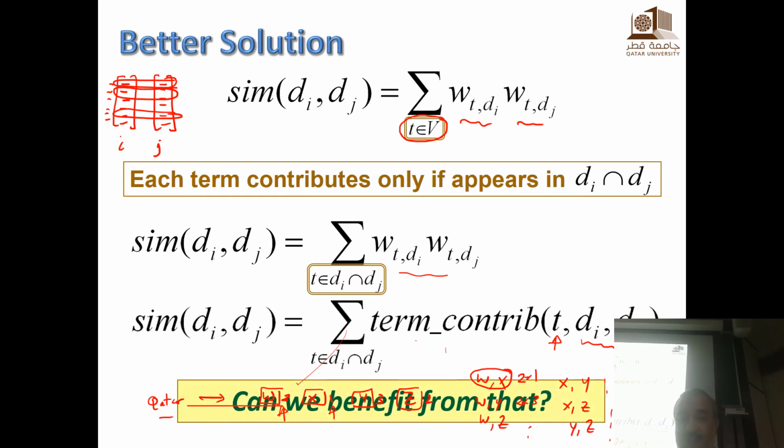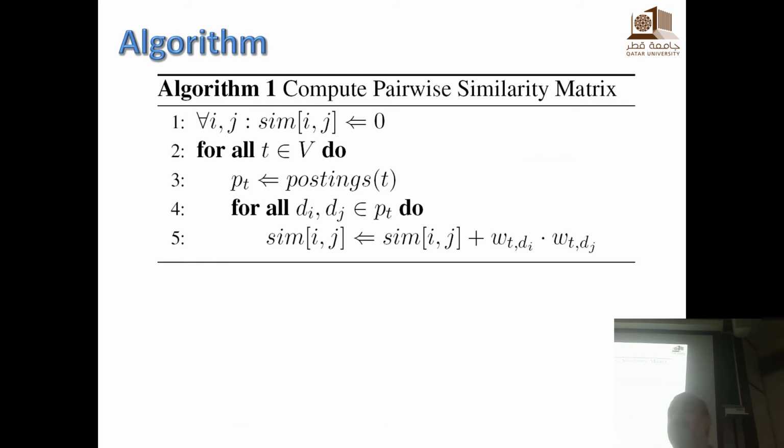And that's exactly what we have here. So we get the posting for all pairs of documents in the posting list. We will add to the similarity of documents I and J. Here I forgot to say that we have a huge matrix, initialized with zeros for every pair of documents.